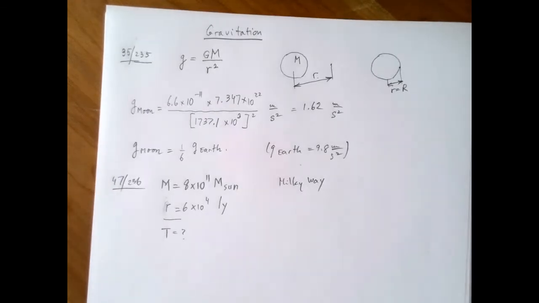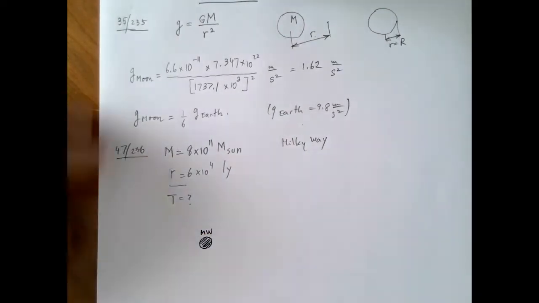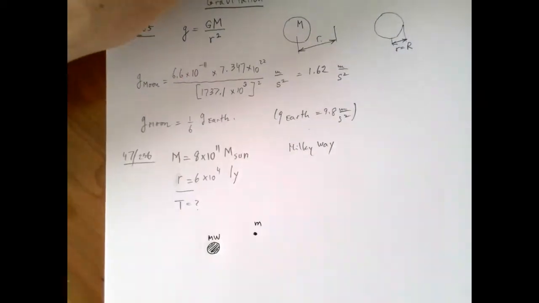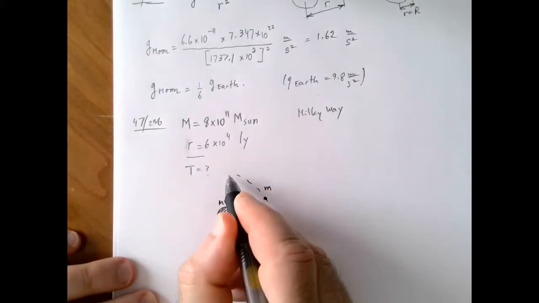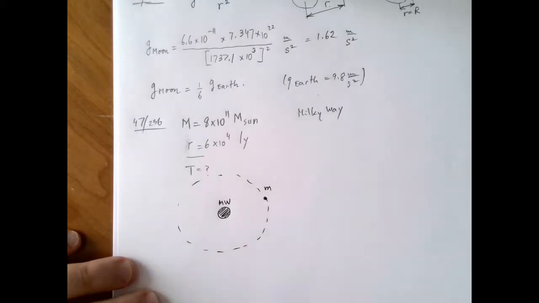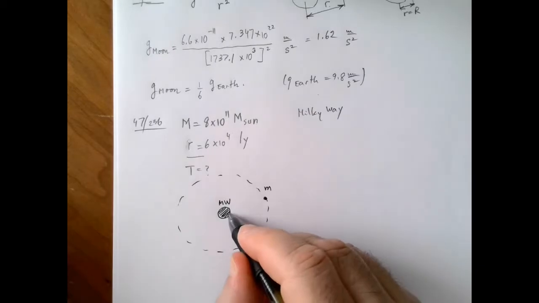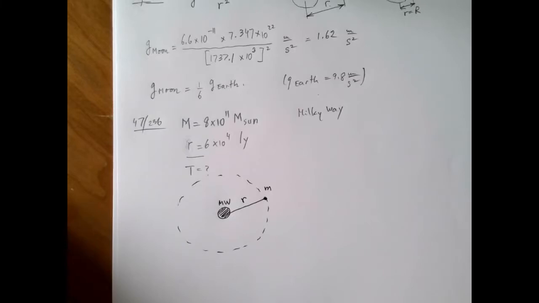Well, so we have the Milky Way of mass M, and we have another star here of mass little m. So we know that this star orbits the Milky Way, the center of the galaxy, with a radius r of 6 times 10 to the 4th light years, and we are asked to find the period of this star.